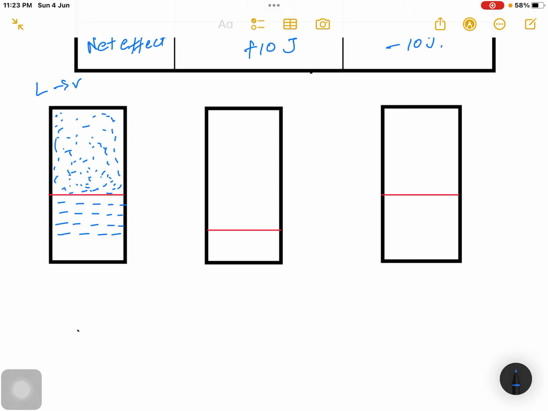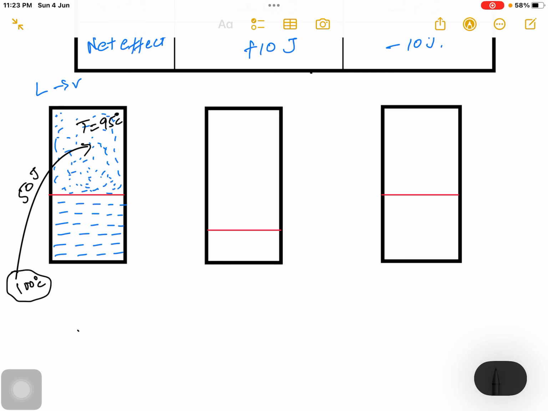Again now I have to extract heat to the surrounding from this system. I am extracting 50 joules of heat energy, and I am connecting a device which is consuming 3 joules of energy, and total heat gained by the surrounding is 53 joules of heat energy.